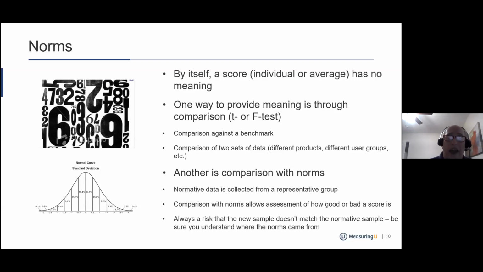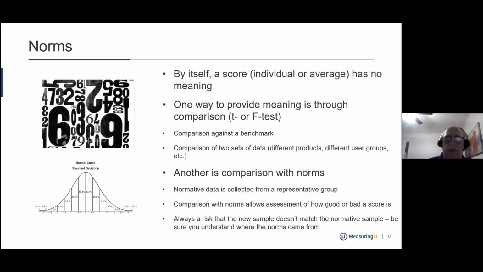To do that, you have to collect a lot of data from representative groups. And once you have your norms, then independent of other specific sets of data, by looking at your data against the norms, you get some assessment of how good or poor you're doing.